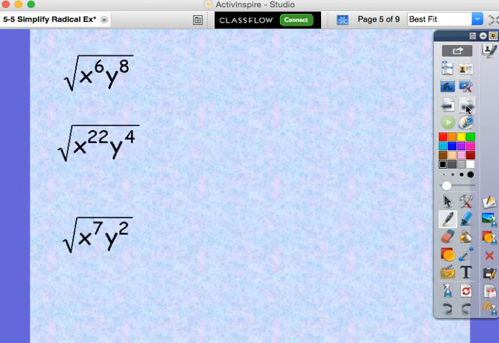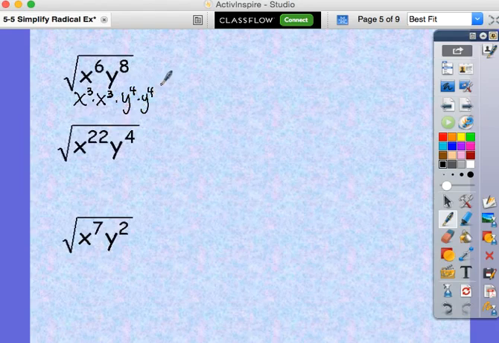Okay, next. Let's look at this one. Oh, this one's nice because look, even though we have 2 different variables, what do you notice about their exponents? They're even. So we're going to be able to take both of them out, right? So the x to the 6, and if this helps, write it this way: x cubed times x cubed times y to the 4th times y to the 4th.